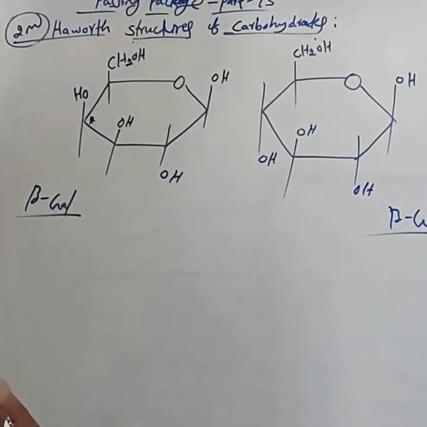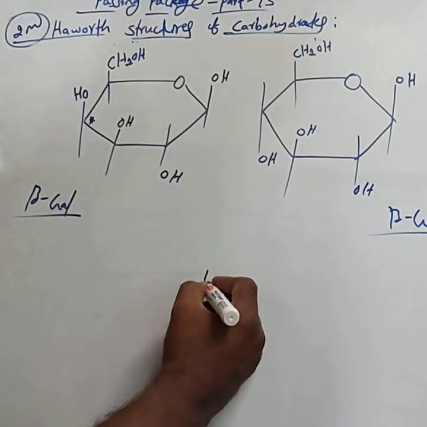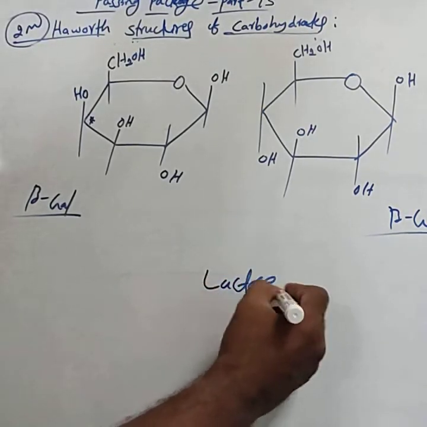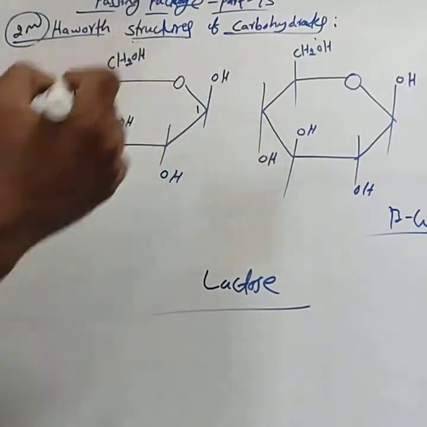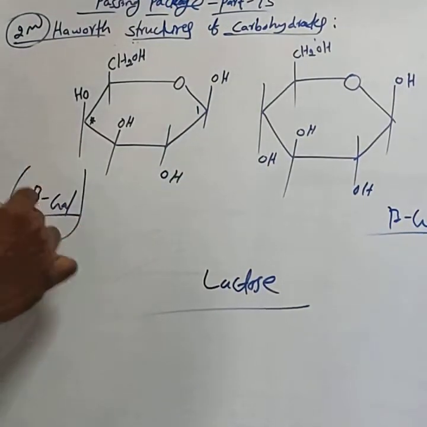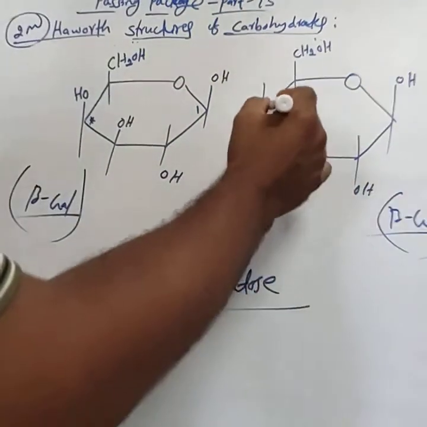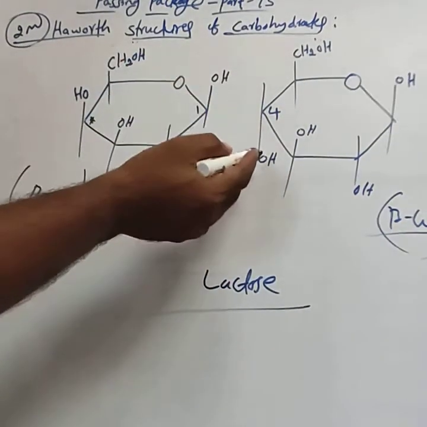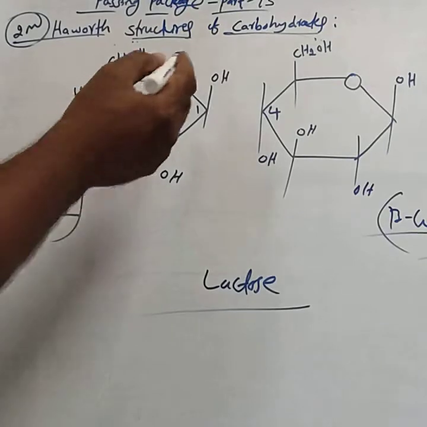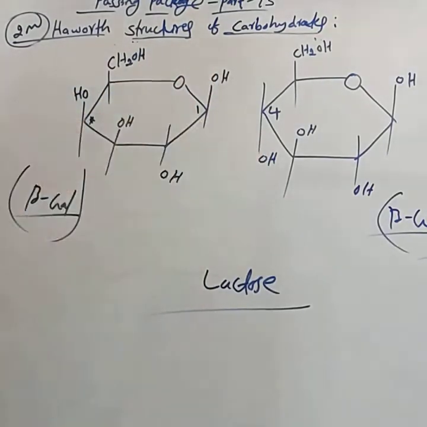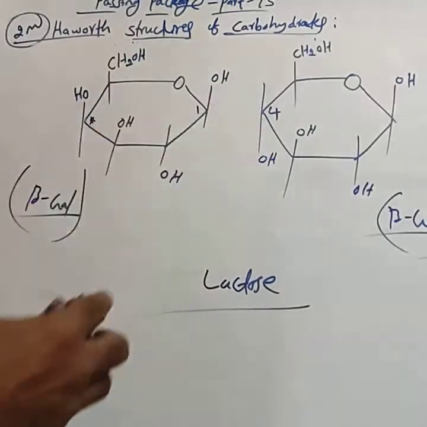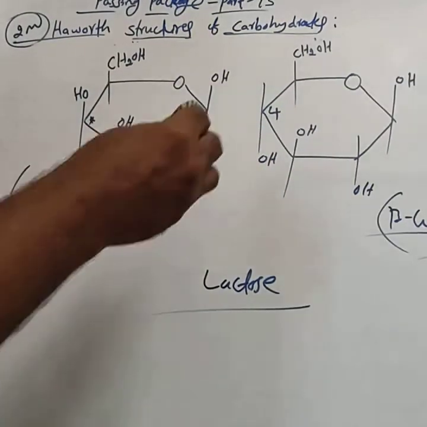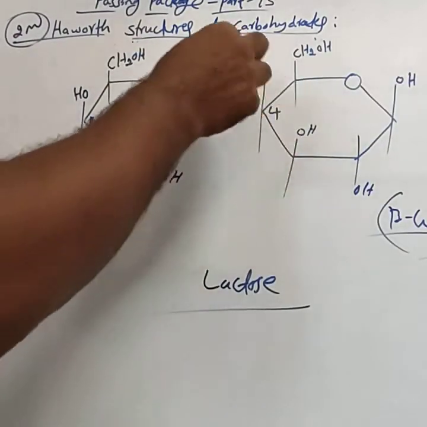Then to write the Haworth structure of lactose, this is the first carbon atom of the beta galactose and the fourth carbon atom of the beta glucose. These OH groups undergo condensation, meaning removal of water takes place. Then what is left out is only oxygen.